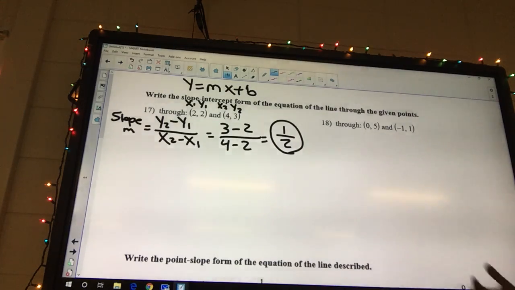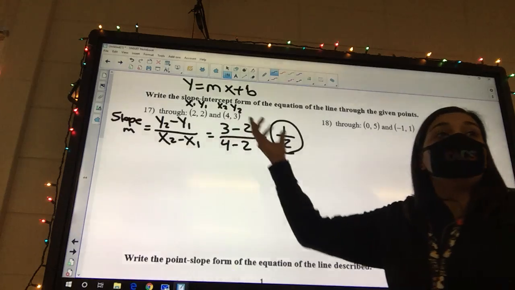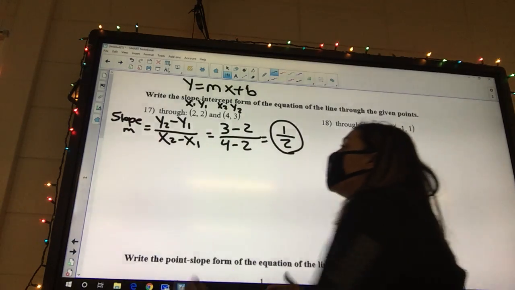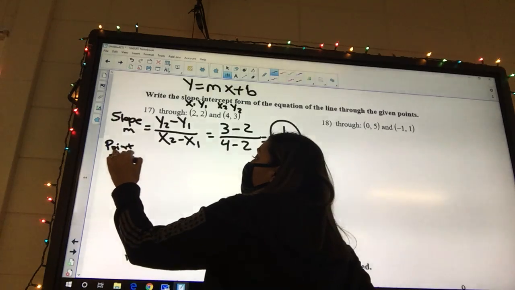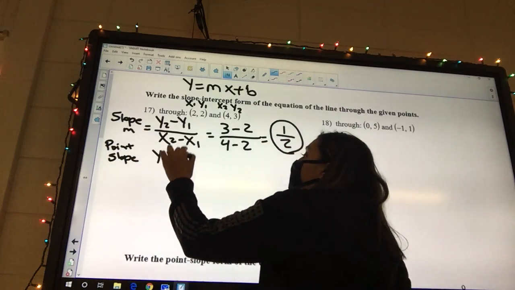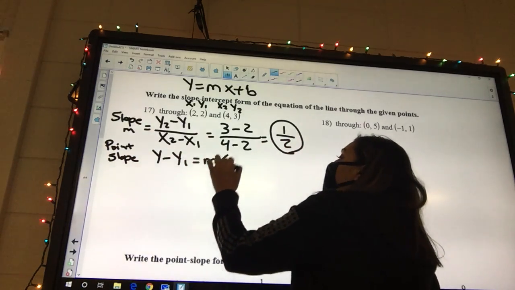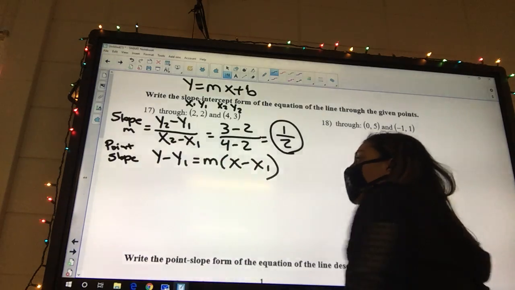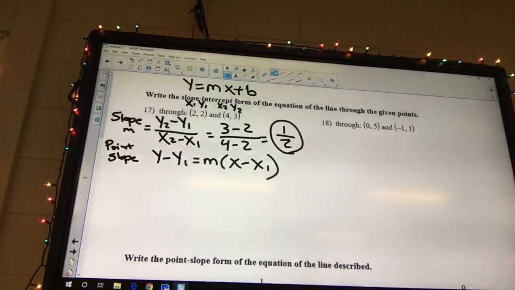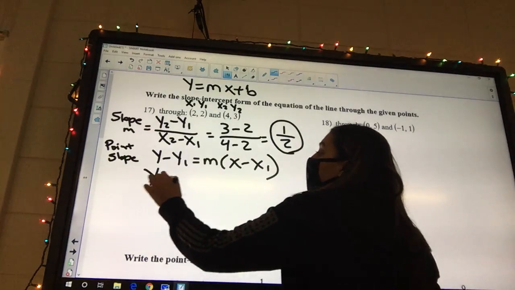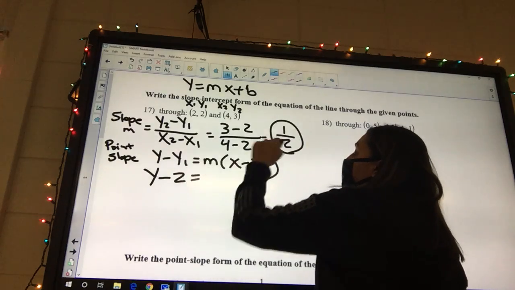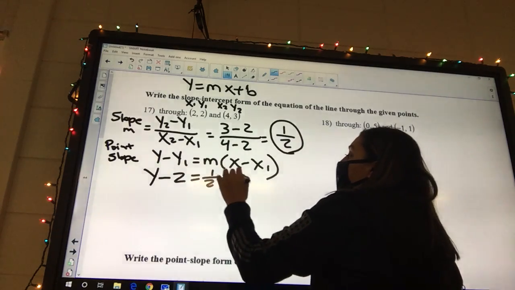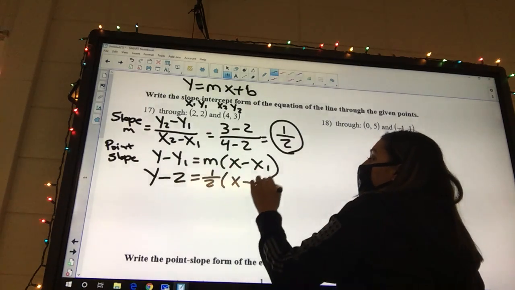Now I have some points and I have a slope, so I'm going to have to use point slope, which is y minus y1 equals m times x minus x1. So I got y minus, and my y1, same thing, it's still 2. My m is 1/2, x minus x1 is 2.